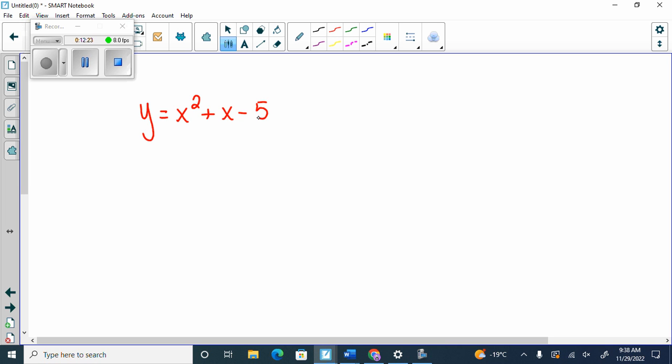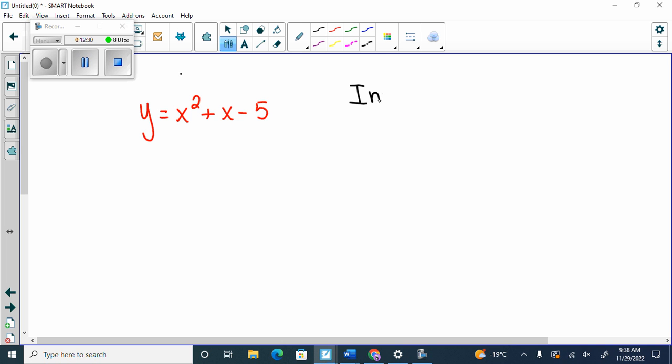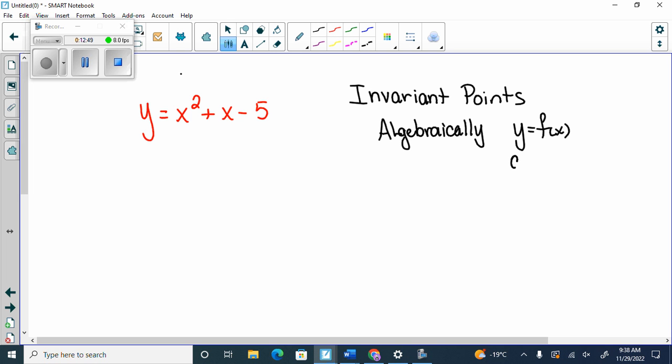So if ever you're told to find the invariant points algebraically between, we just need to remember where the invariant points happen.